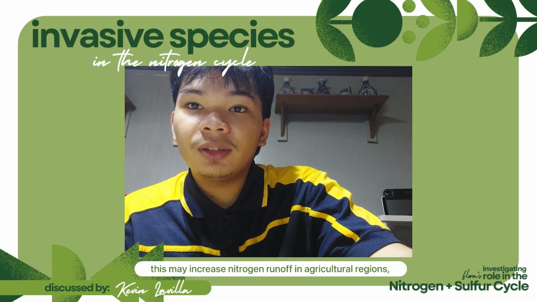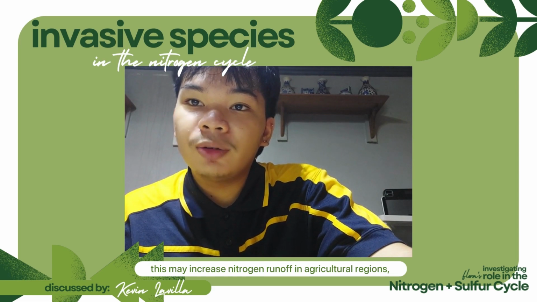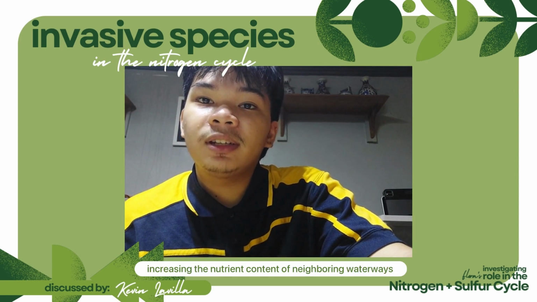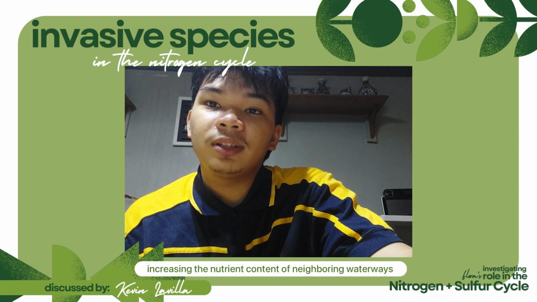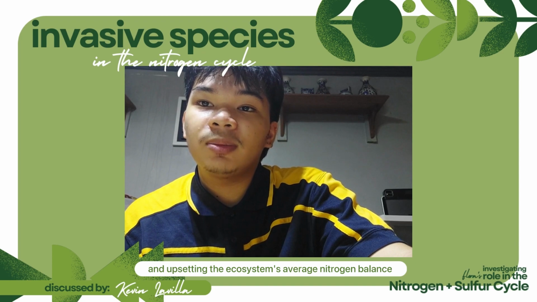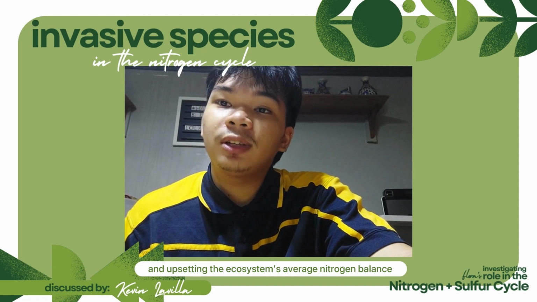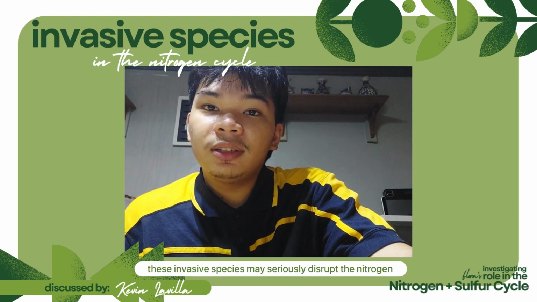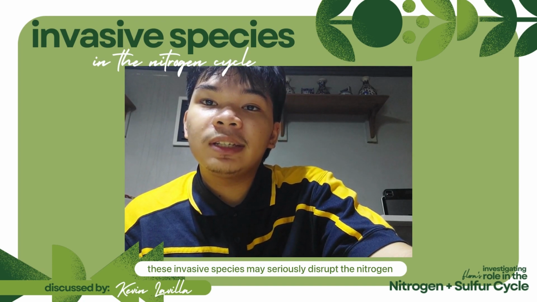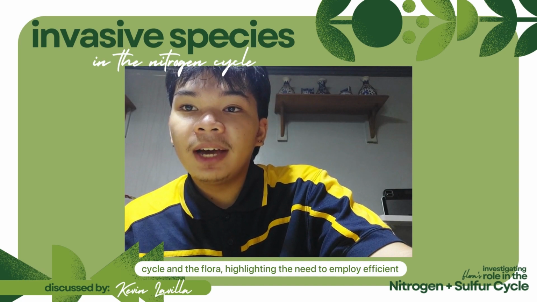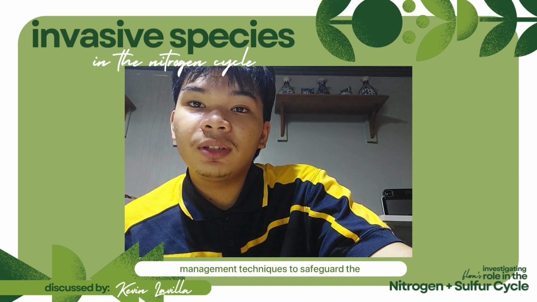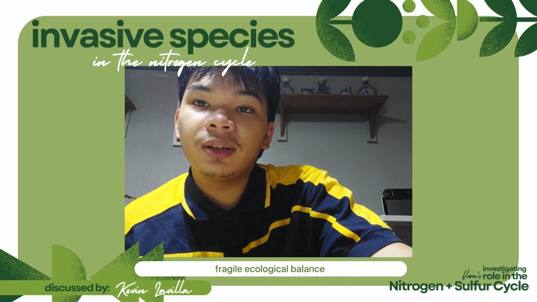This may increase nitrogen runoff in agricultural regions, increasing the nutrient content of neighboring waterways and upsetting the ecosystem's average nitrogen balance. These invasive species may seriously disrupt the nitrogen cycle and the flora, highlighting the need to employ efficient management techniques to safeguard the fragile ecological balance.